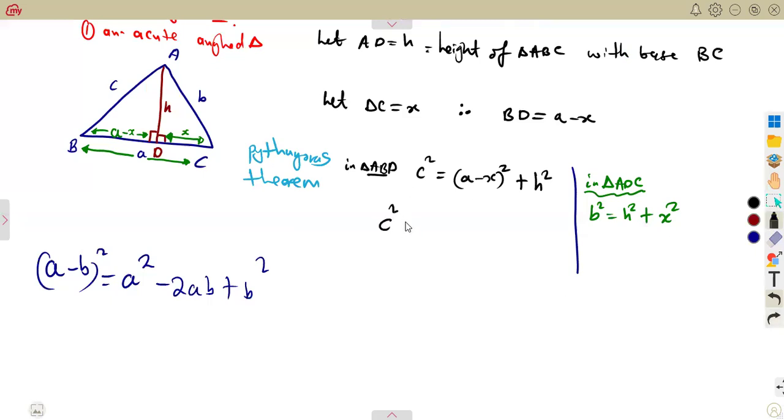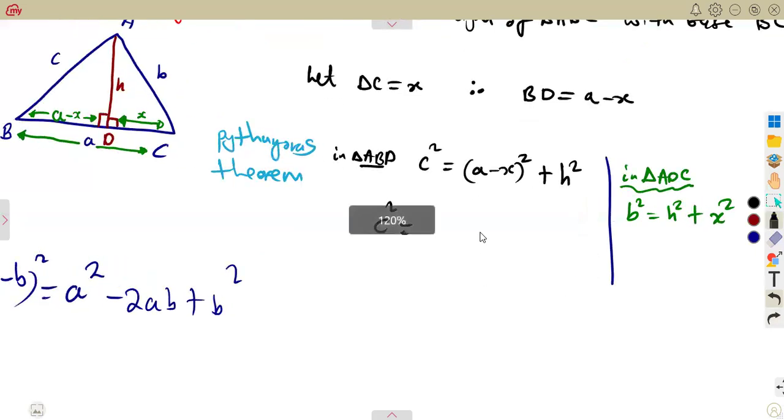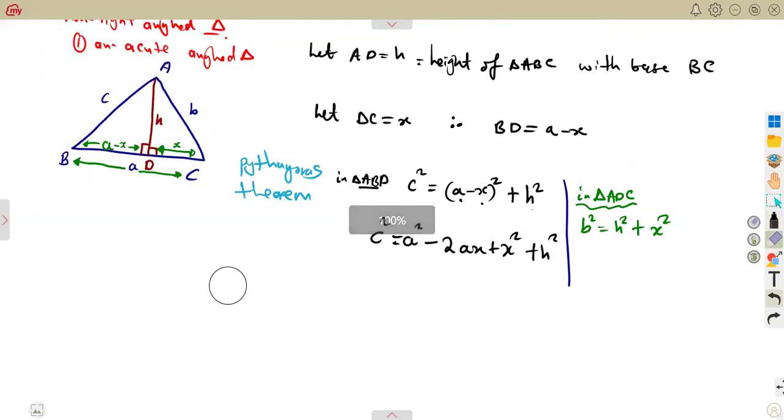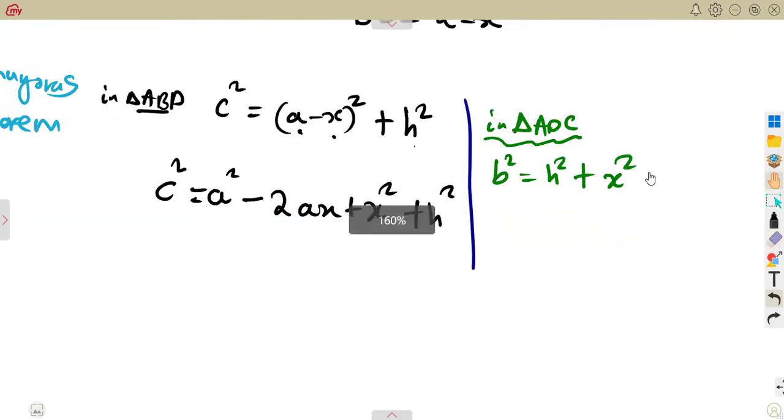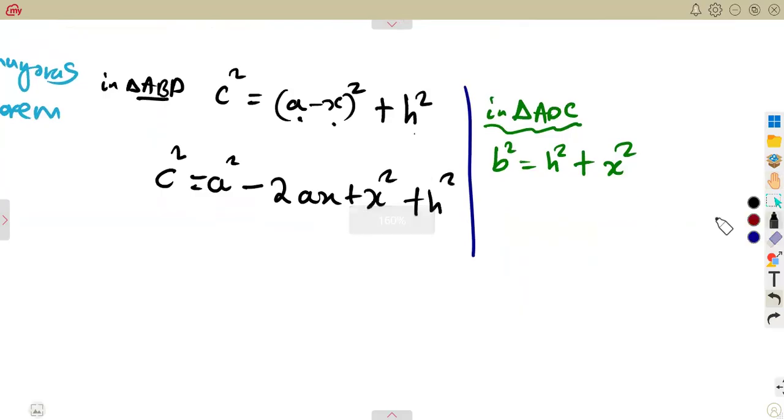So C squared is equal to, let's expand, A squared minus 2 times the first and last, which is AX, plus the last squared, which is X squared, plus H squared. We are used to these identities under algebra from grade 10.